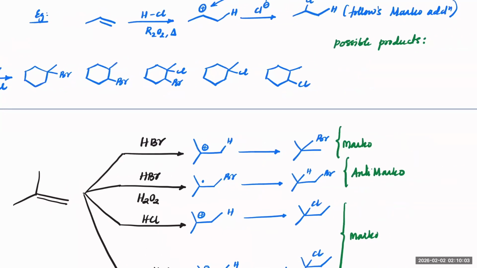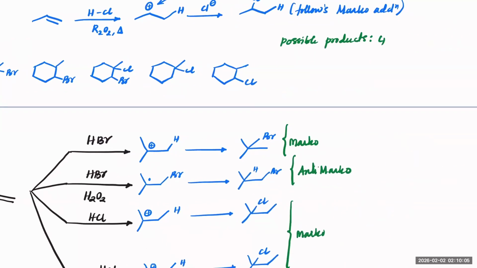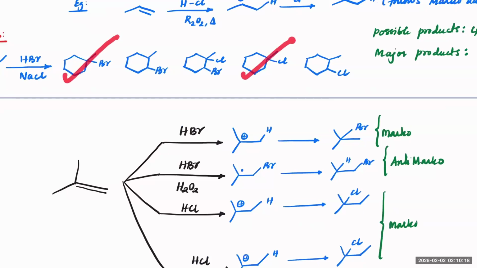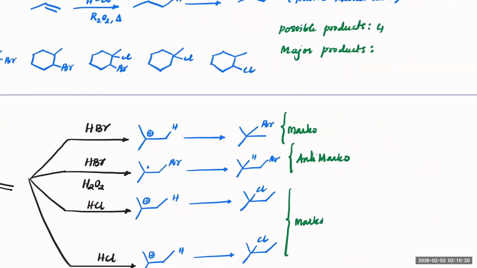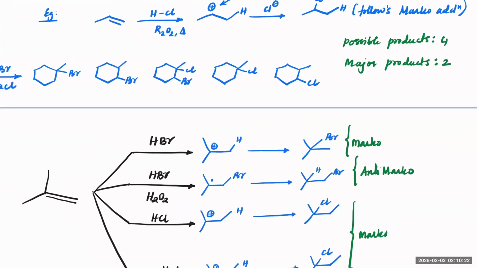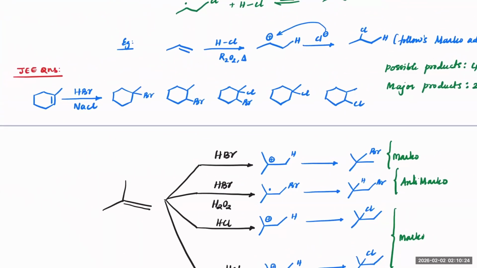So possible products are four. This one will never form. Correct. So if the question is asked for major products, it will be two. Which of them? This one and this one, which is following Markovnikov's rule. So the answer is two in this case.